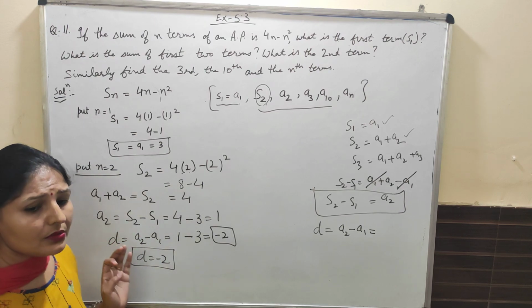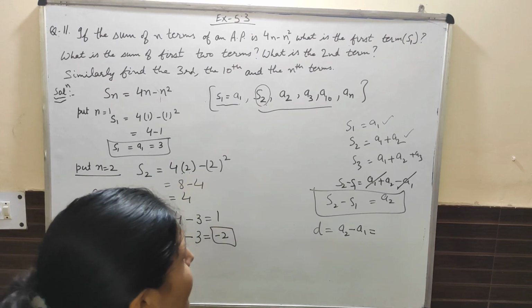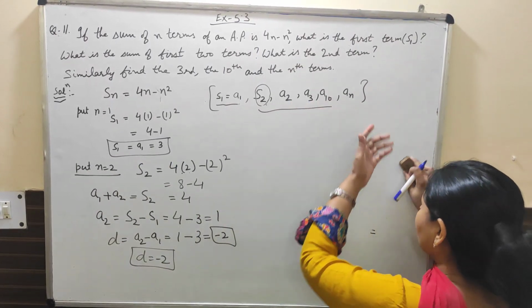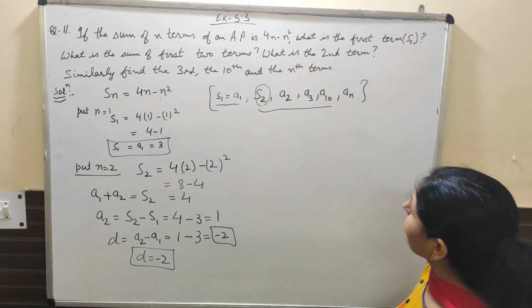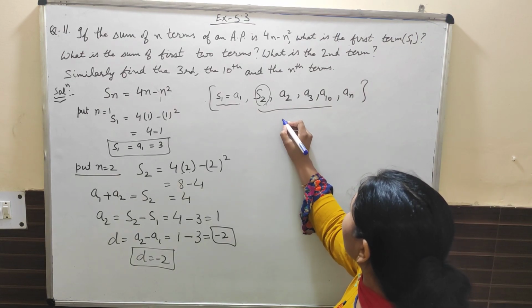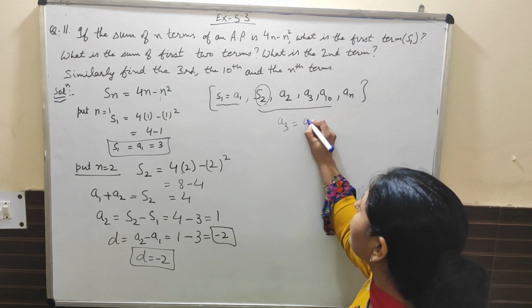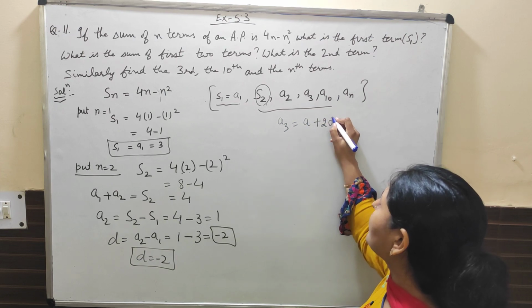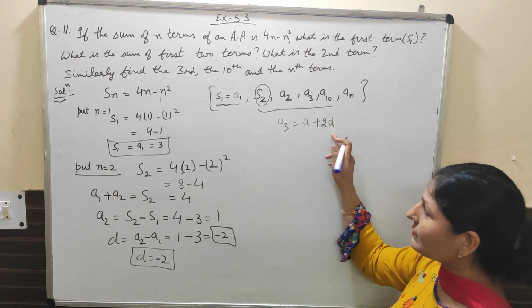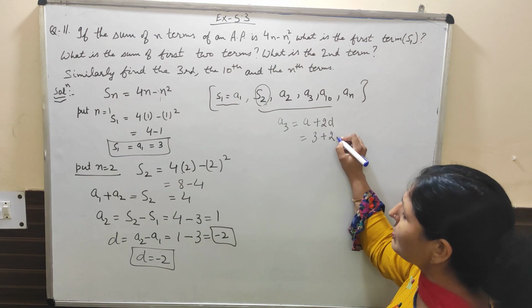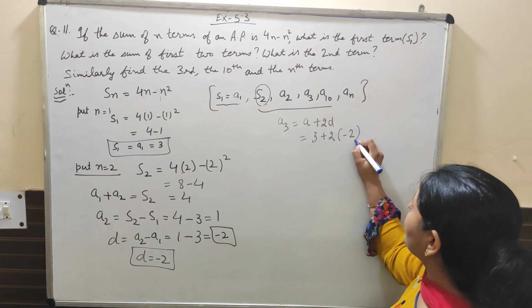Now students, we have the value of A and D. Then we can calculate these terms easily. Now we have to calculate the value of A3. A3 is A plus 2D, as we know. Put the values: 3 plus 2 times D, D is minus 2.